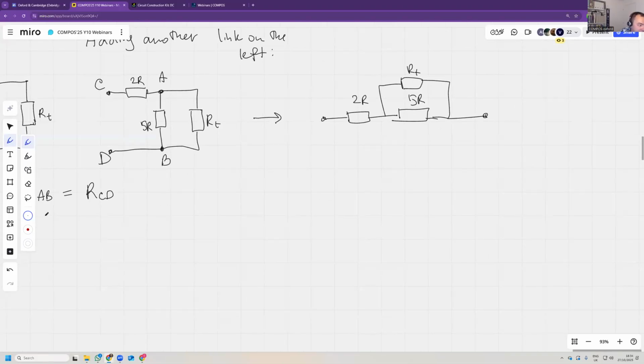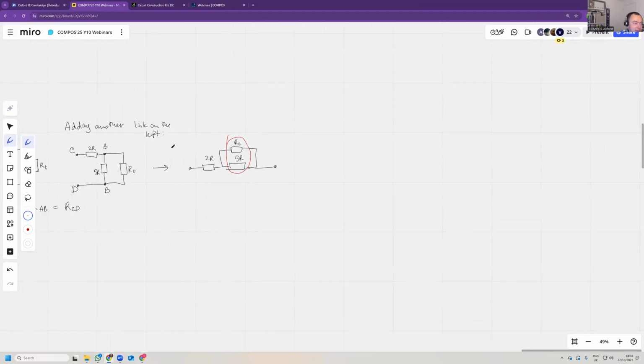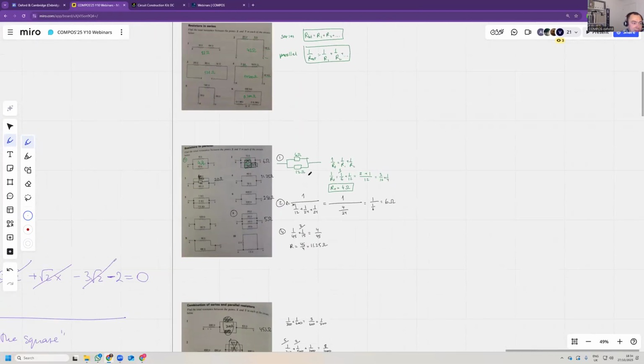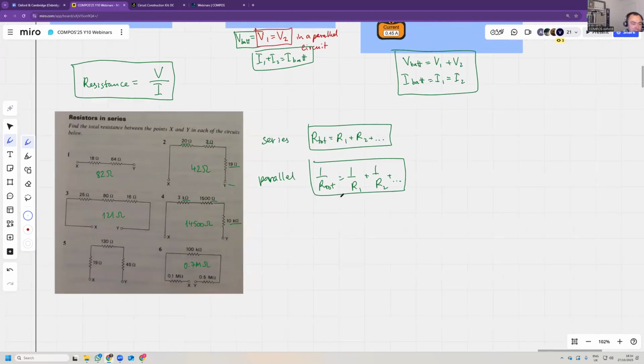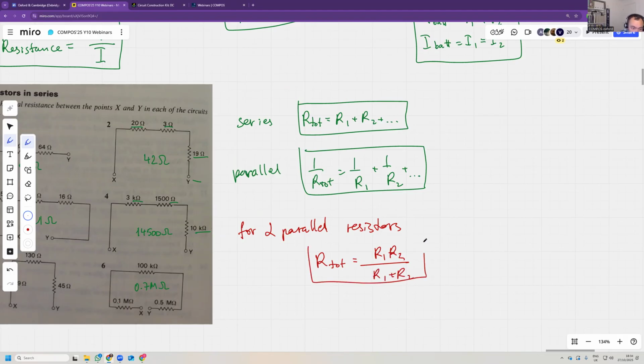So to find the total resistance, you're going to find the total resistance of this. And you can use any formula for parallel resistors. I haven't said that before, but for two parallel resistors, the total is R1 R2 divided by R1 plus R2. That's a useful formula to remember. It's just a rearrangement of this formula.